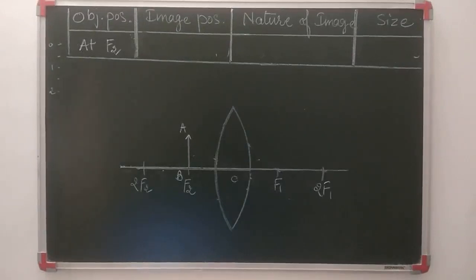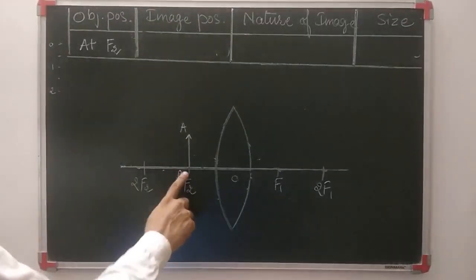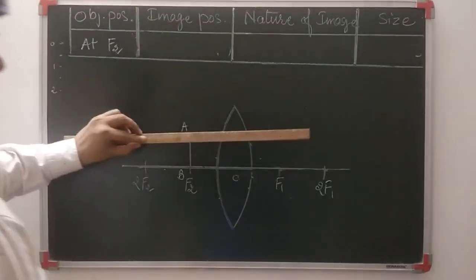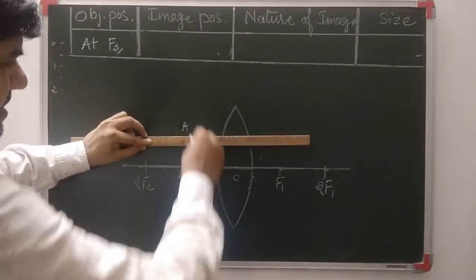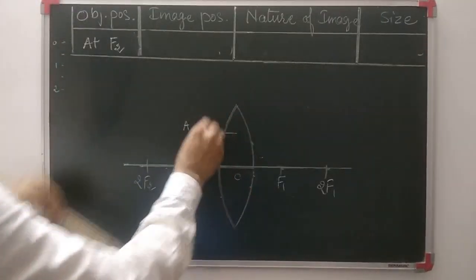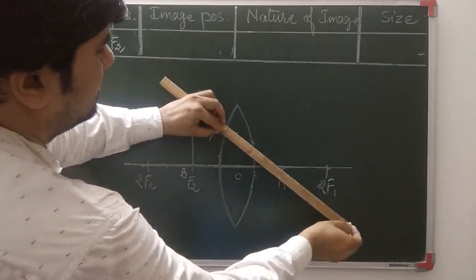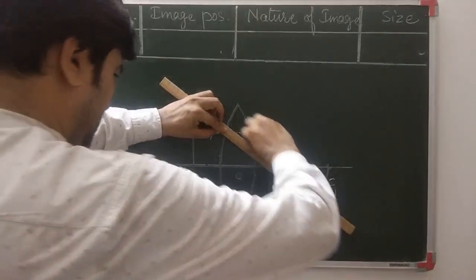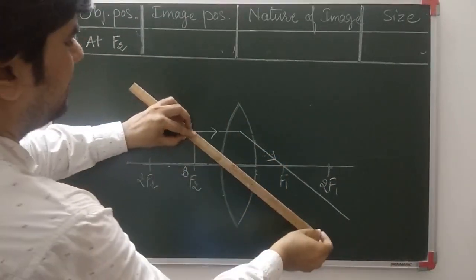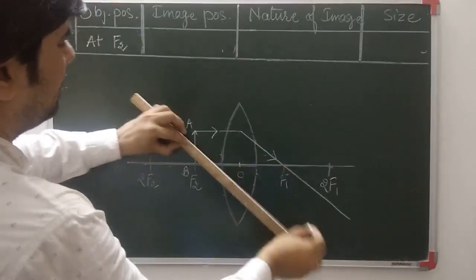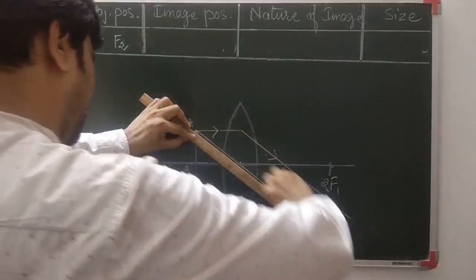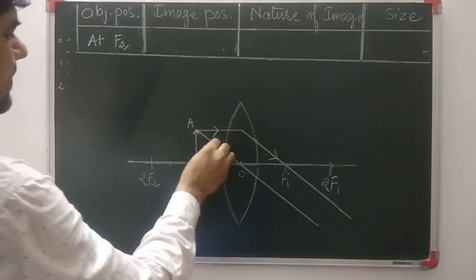Now let's keep the object at f2. So it's AB, which is on the focus. So let us draw a ray which is parallel to the principal axis. Again we can see that after the refraction it passes from the focus according to the law. And let us pass one ray which is passing from O, the optical center. So after the refraction it won't be refracted.